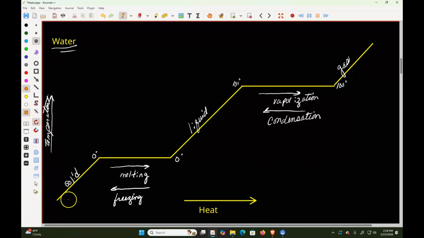For ice, C is going to equal 2.01 joules per gram degree Celsius.